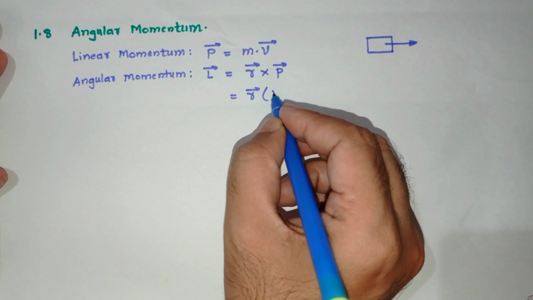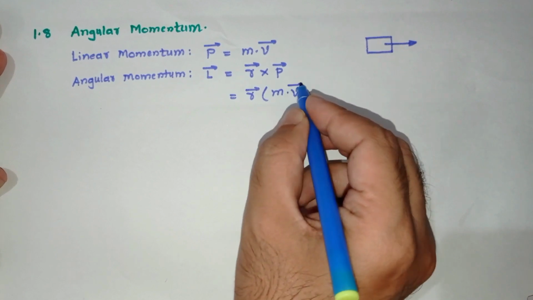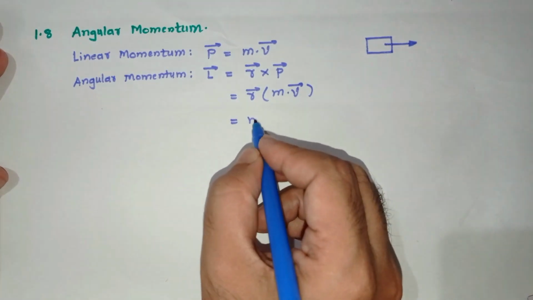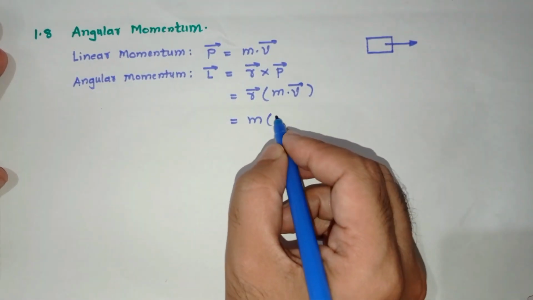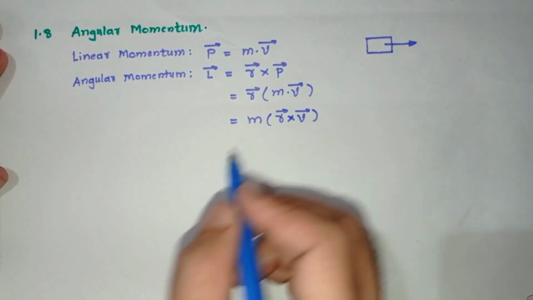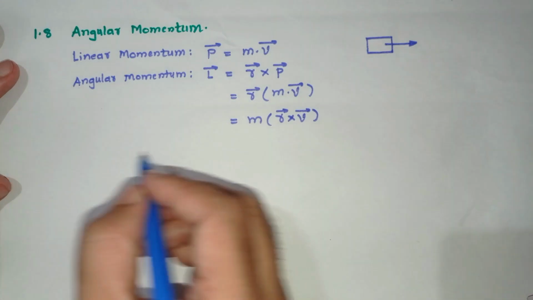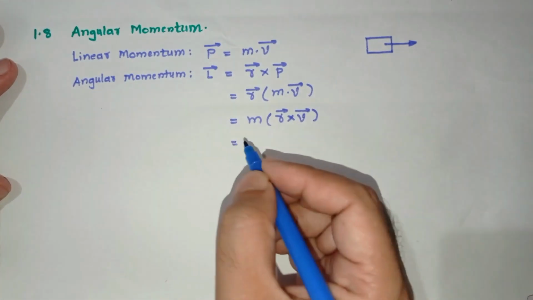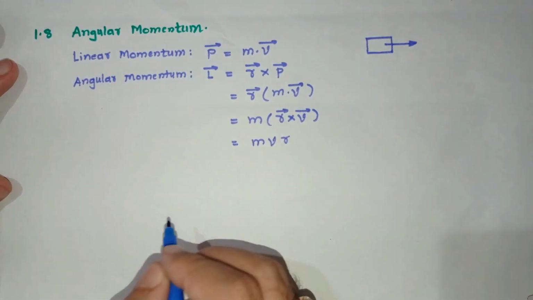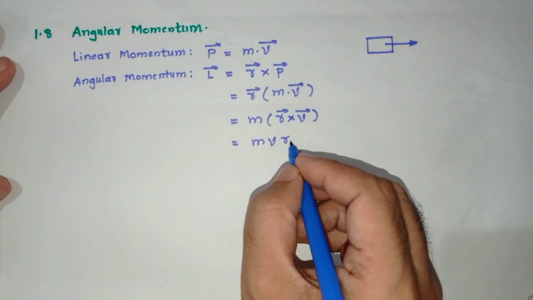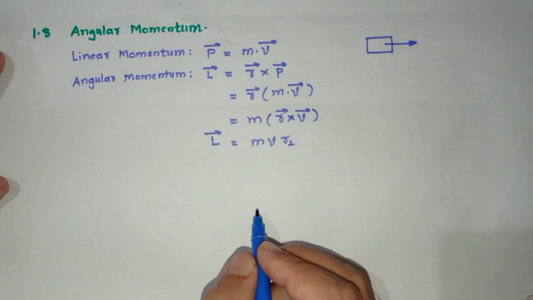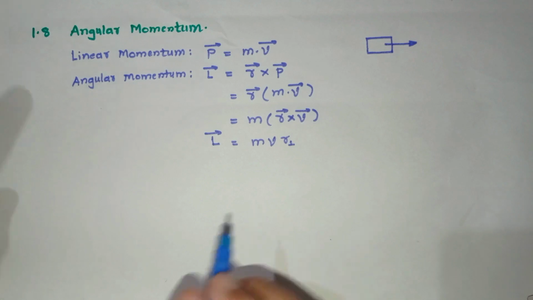Linear momentum is mass into velocity, so this we can write as m into r cross v. So angular momentum is equal to mv into r, where r is the perpendicular distance: mvr. Angular momentum is equal to mvr.